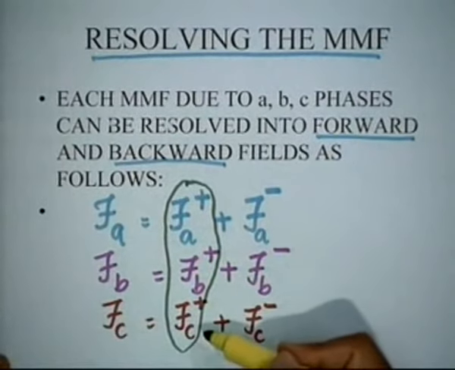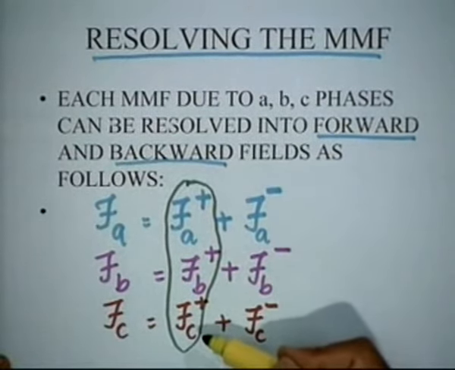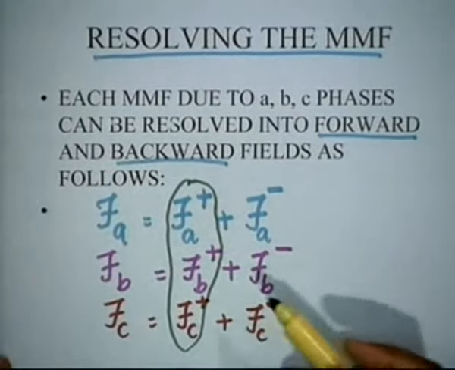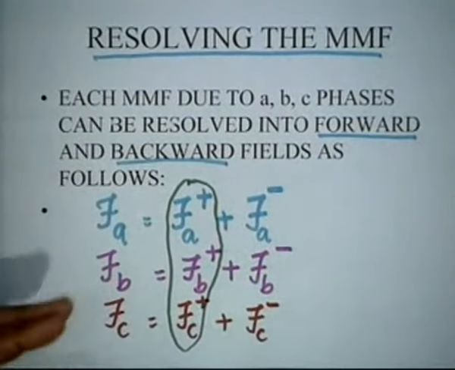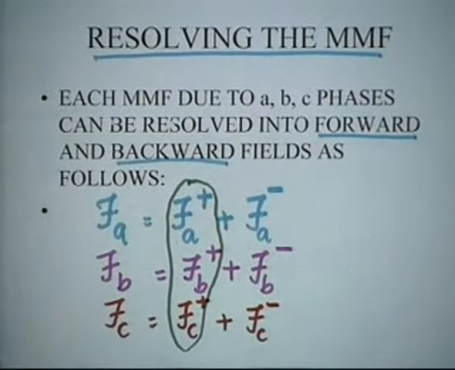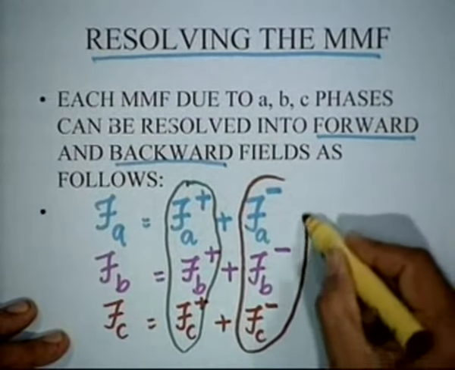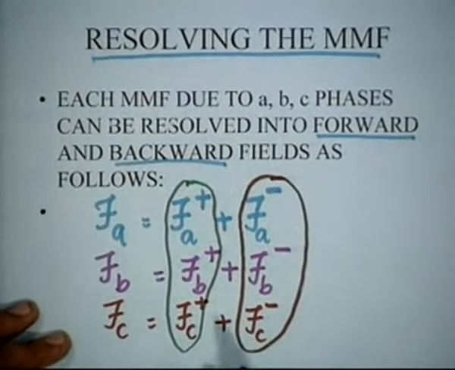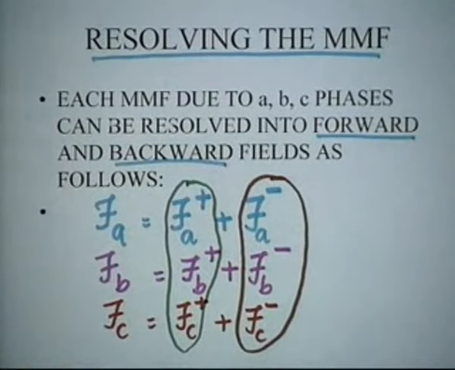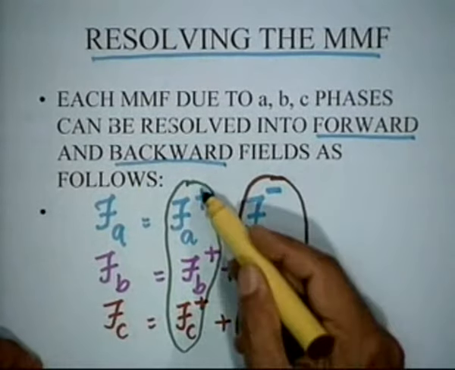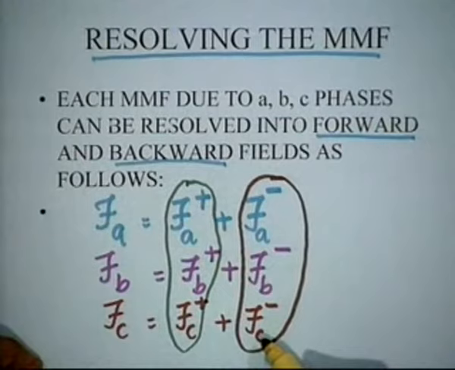If you sum it up together, you will create one resultant magnet because they are all rotating at the same speed. Similarly, you can also write Fa minus, Fb minus, Fc minus, they will all be at negative or the backward field. So, you have one forward field and one backward field.